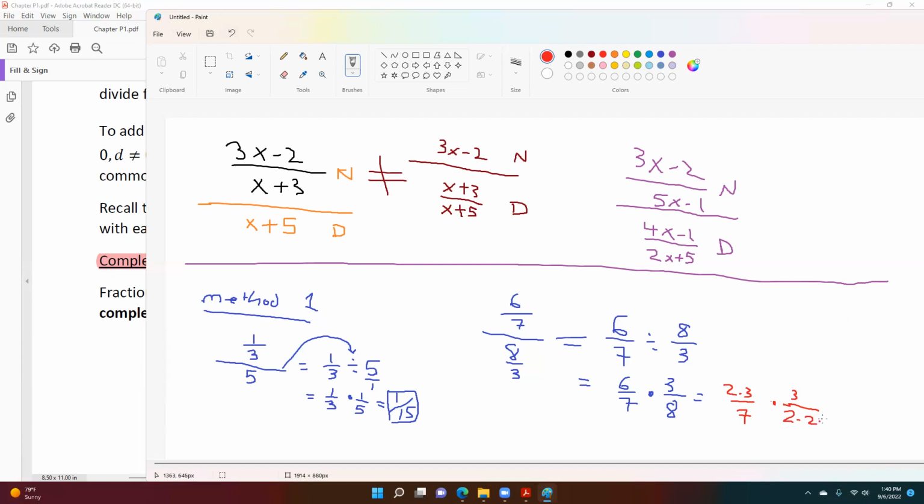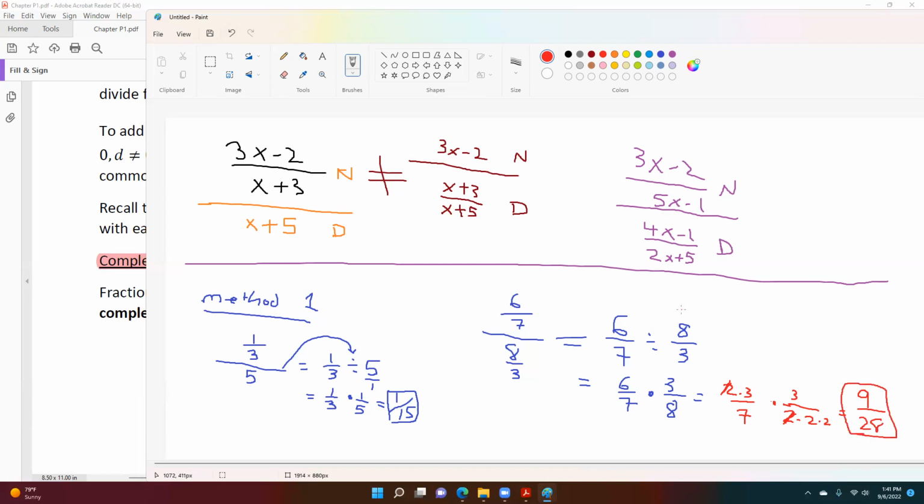So this is your factor form, and then you just cancel. We only managed to cancel one of the 2's here. Again, you multiply them straight across. This will give us 9, and this will give us 28, which is 7 times 4. So your answer in this case will be 9 over 28.